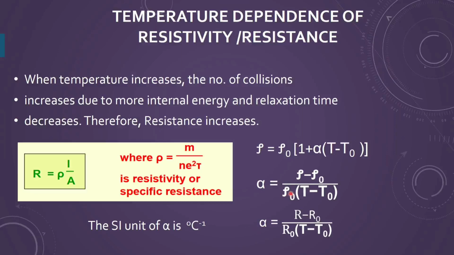Of course, the SI unit for temperature coefficient is per degree centigrade, and these formulas are already known to you for resistance and resistivity. So both are dependent upon the temperature, because with the change in temperature, relaxation time is changing, and hence resistance and resistivity are also changing.